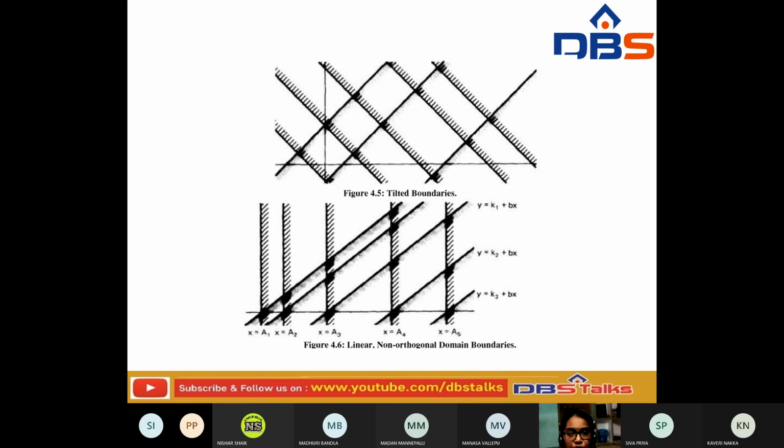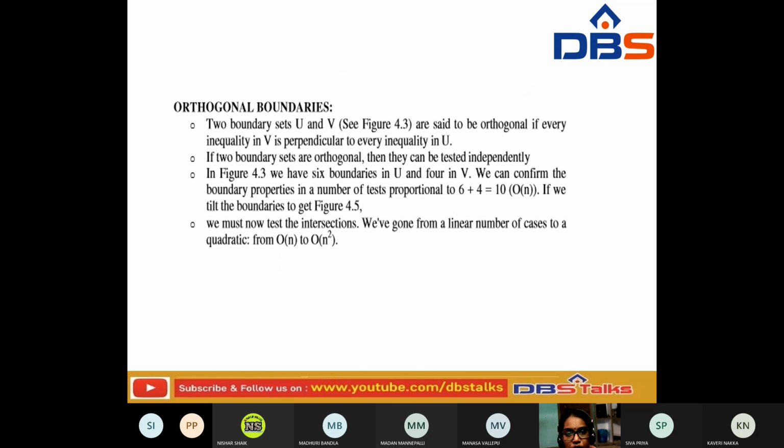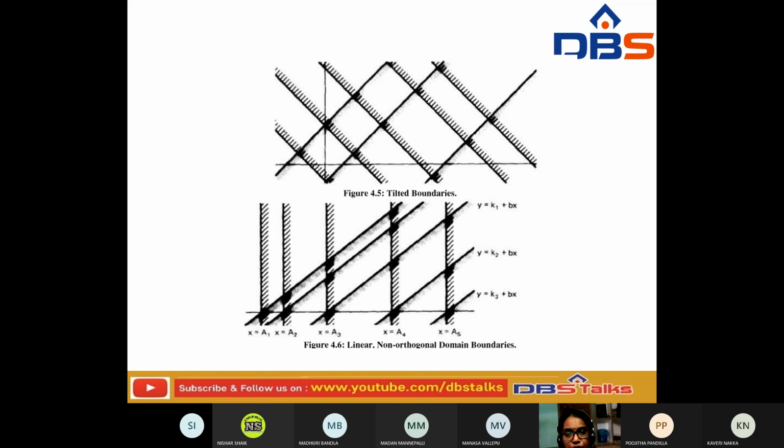See, if you have observed these two boundaries, here we have said that if it is orthogonal, both the inequalities in the two boundaries are perpendicular. Here if you observe this figure, this is one boundary and this is another boundary.